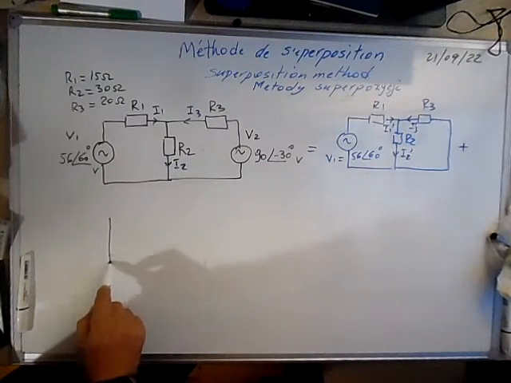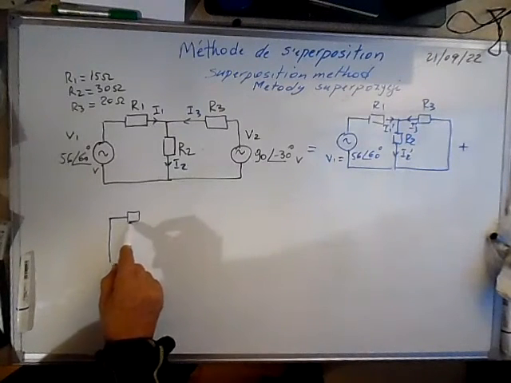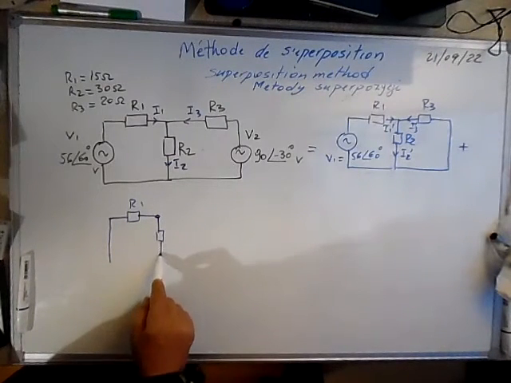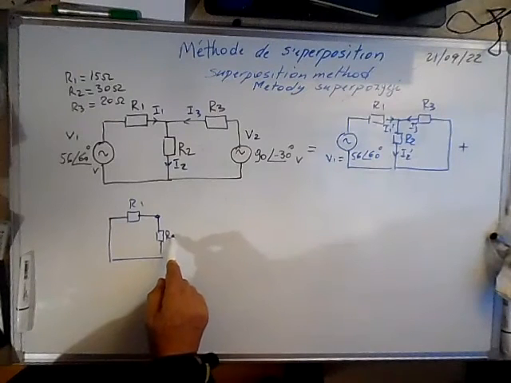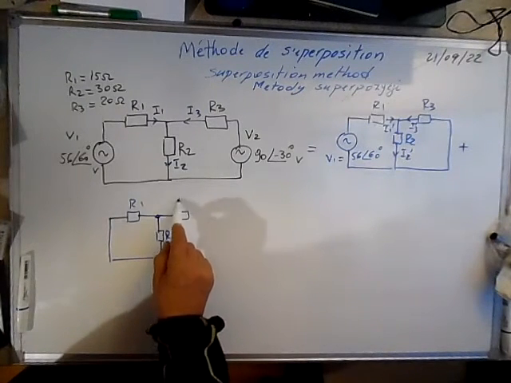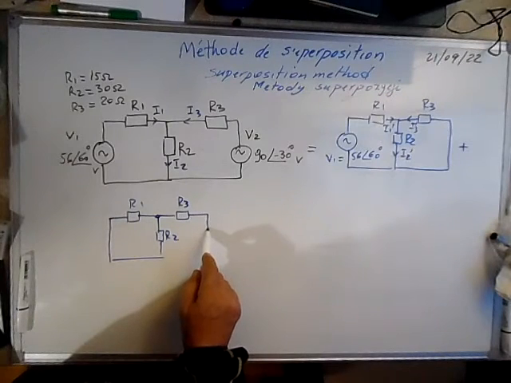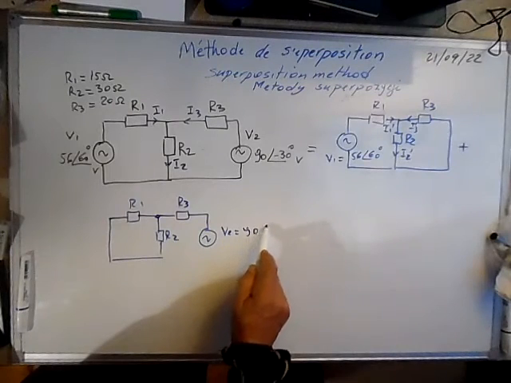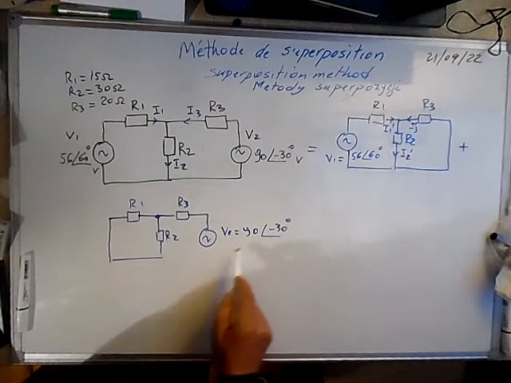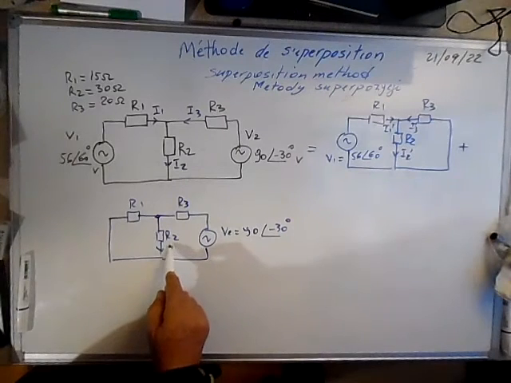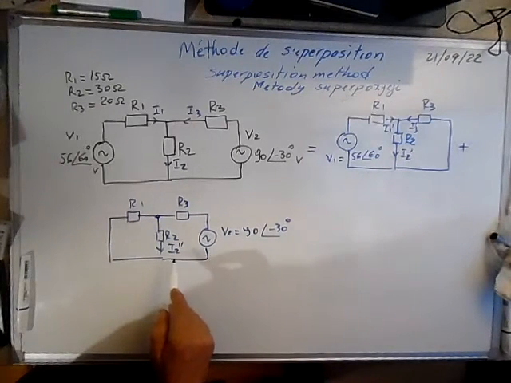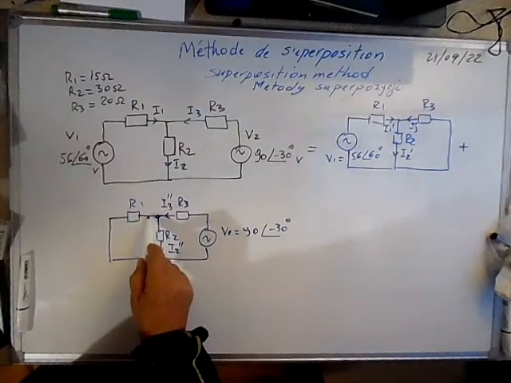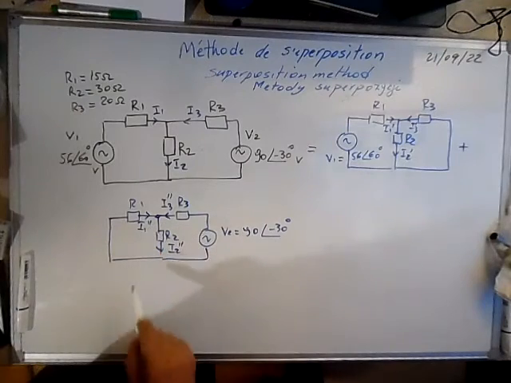We replace V1 by a short circuit, and we have R1, R2, R3, and V2, which is equal to 90 at minus 30 degrees. And these currents are called I2 double prime, I3 double prime, and I1 double prime.